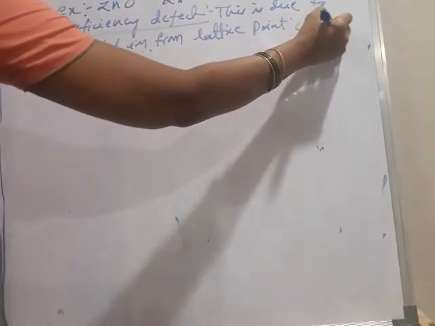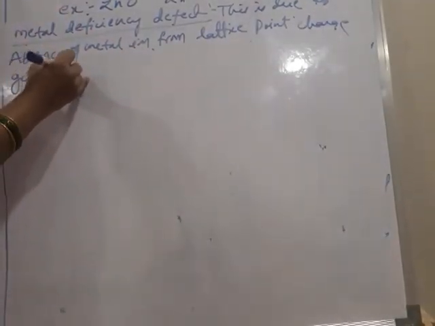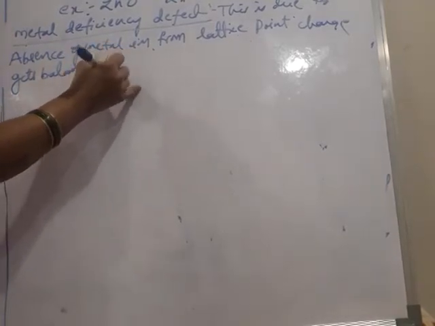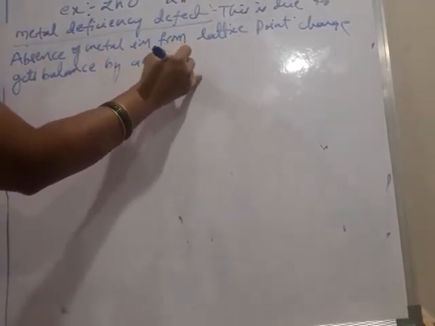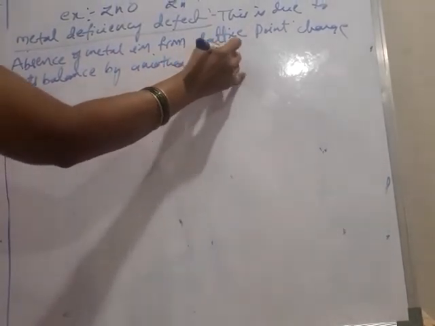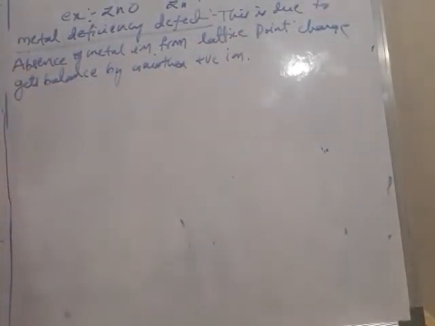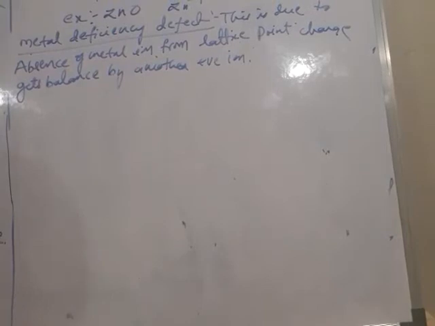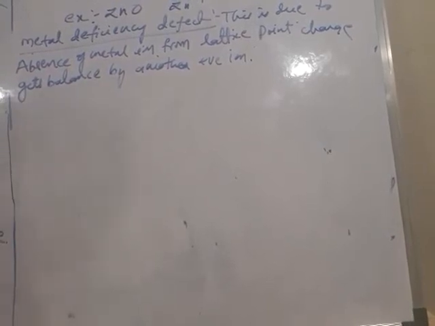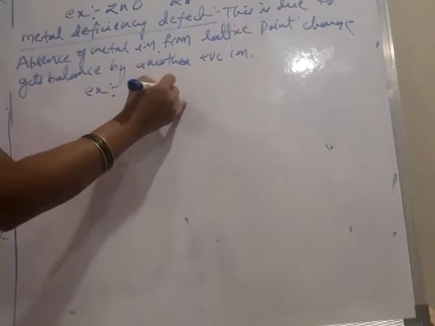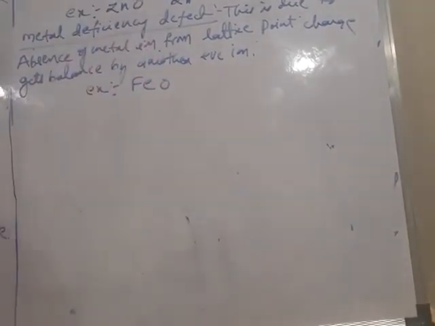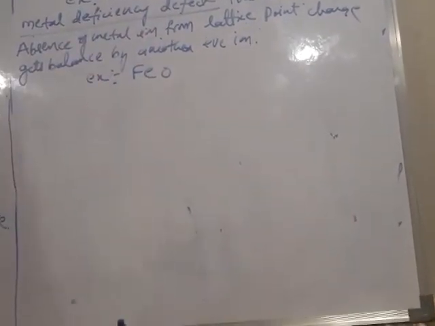Generally, metal deficiency defect takes place in iron oxide, FeO. Transition metal oxides generally exhibit metal deficiency defect.